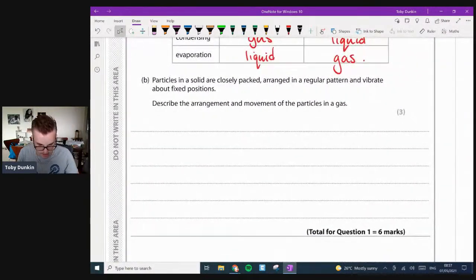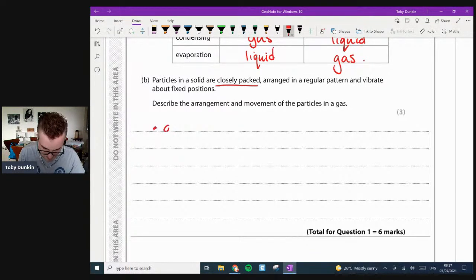Okay, particles in a solid are closely packed, arranged in regular patterns, vibrate about a fixed position. Describe the arrangement and movements of particles in a gas. Okay, so that's actually quite a nice question because they've walked us through it. They've told us, number 1, that solids are closely packed. So we need to comment on gases.